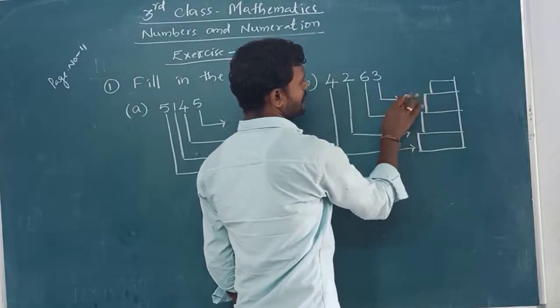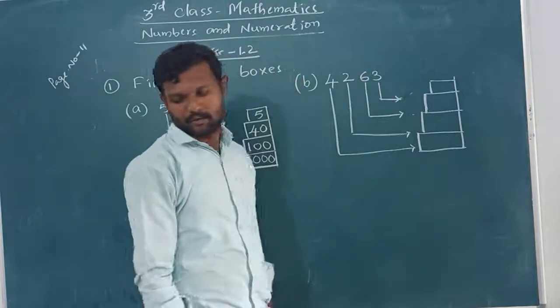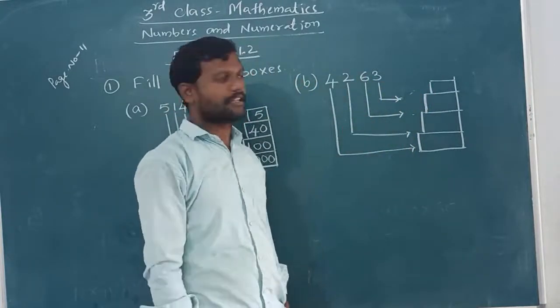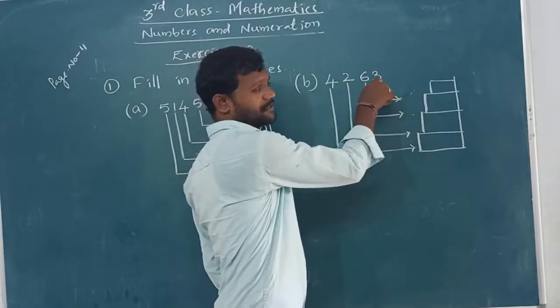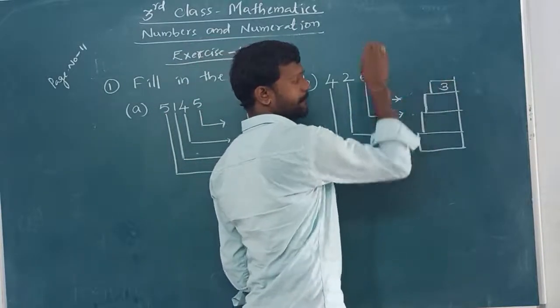First, place value of 3. What is the place value of 3 here? 3 is in which place? Ones place. So 3 ones are 3.